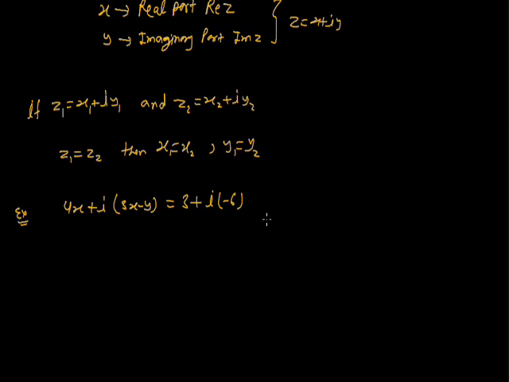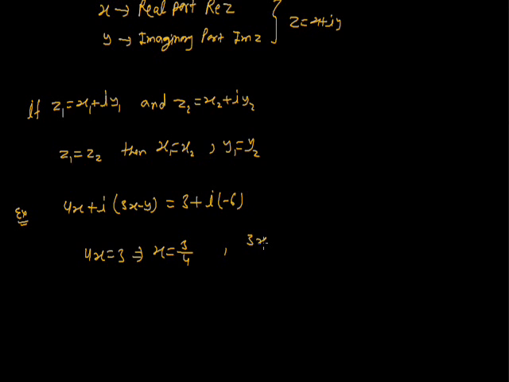How can we find the value of x and y? We have to compare the real part on the left hand side with the real part on the right hand side, and the imaginary part of the left hand side with the imaginary part of the right hand side. So first we write 4x is equal to 3, because on the left hand side 4x is the real part and on the right hand side 3 is the real part. So it gives x is equal to 3 by 4.